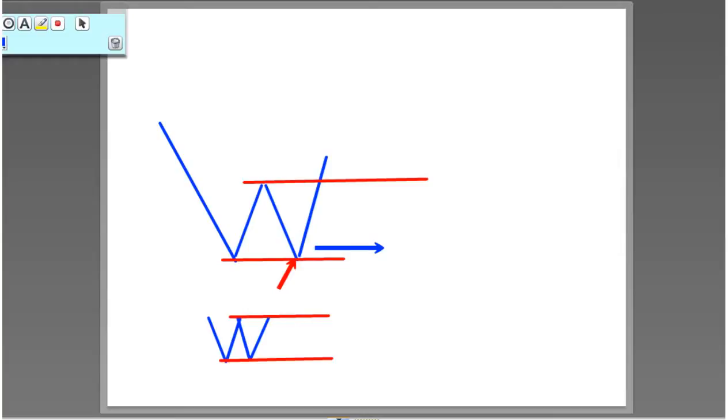Typically what you find is that the momentum comes out of the center of the W. Well, a lot of times with options, a momentum play is actually better.